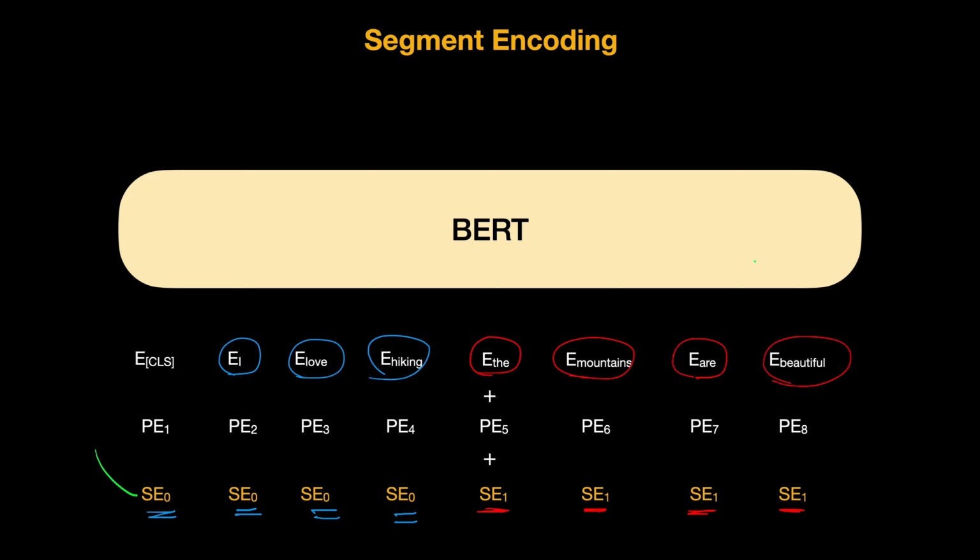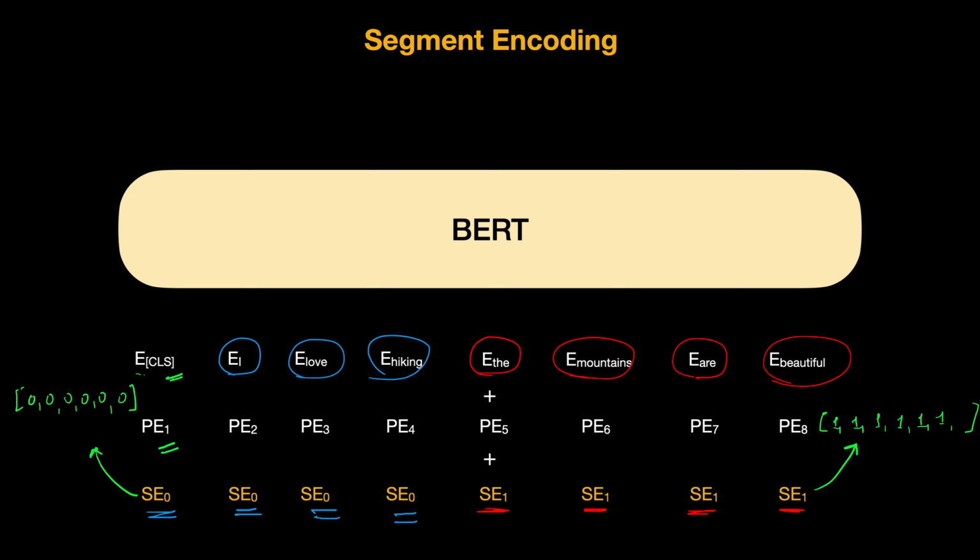This segment encoding of 0 is a very simple representation where all the values are equal to 0, while the segment encoding of 1 is a vector where all the values are 1. The size of these segment encodings is the same as the size of the word embeddings or positional encodings.